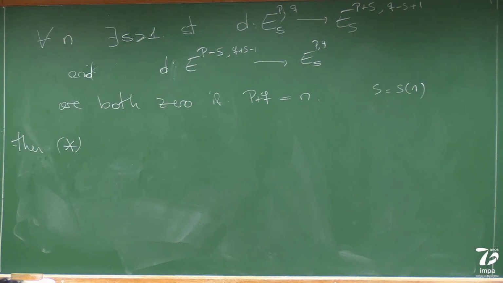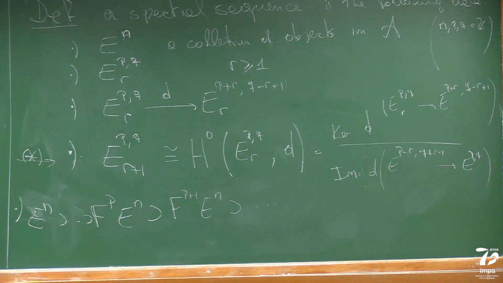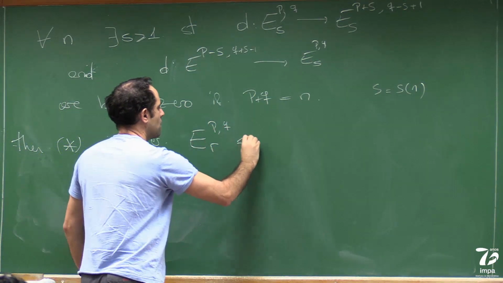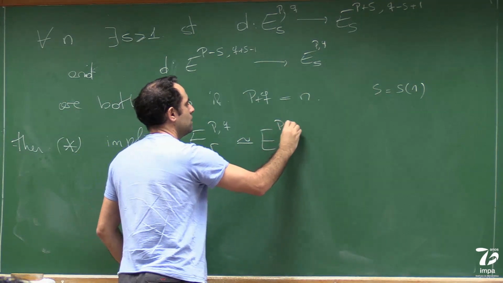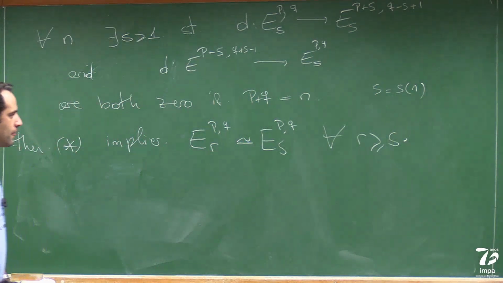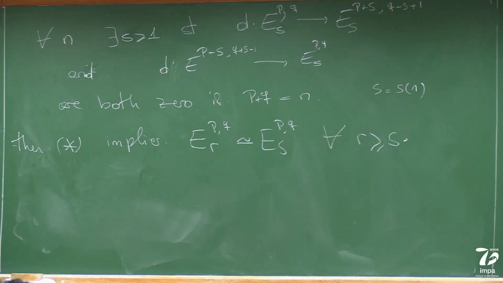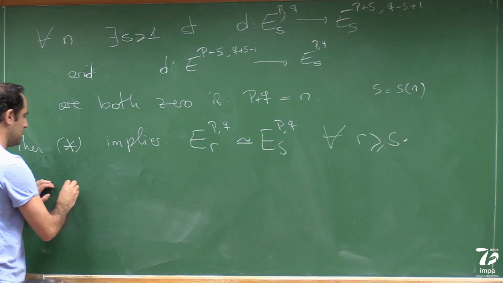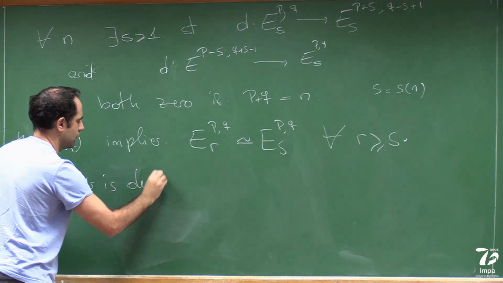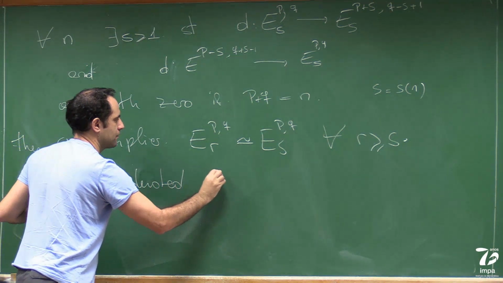Then it implies that E_r^{P,Q} is isomorphic to E_S^{P,Q} for every r greater than or equal to S, because the homology of a complex with 0 differential is the complex itself. So this is denoted E infinity.